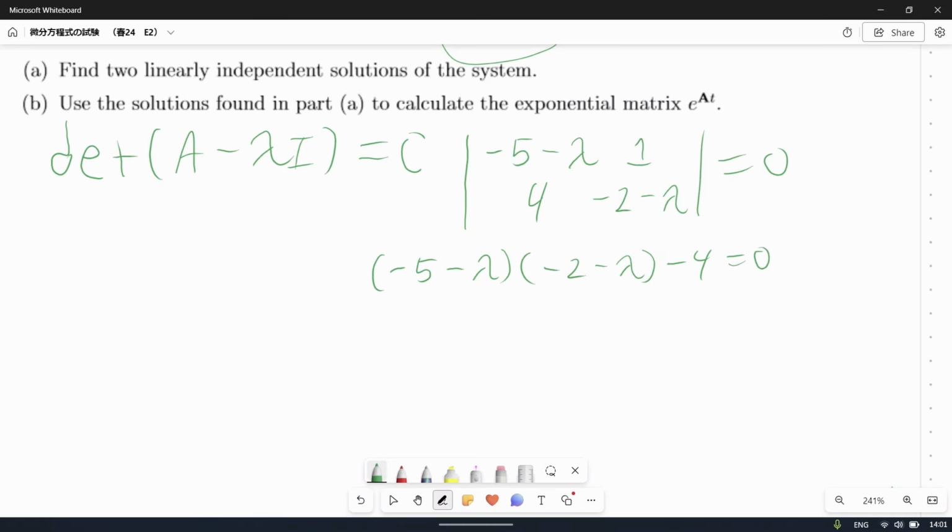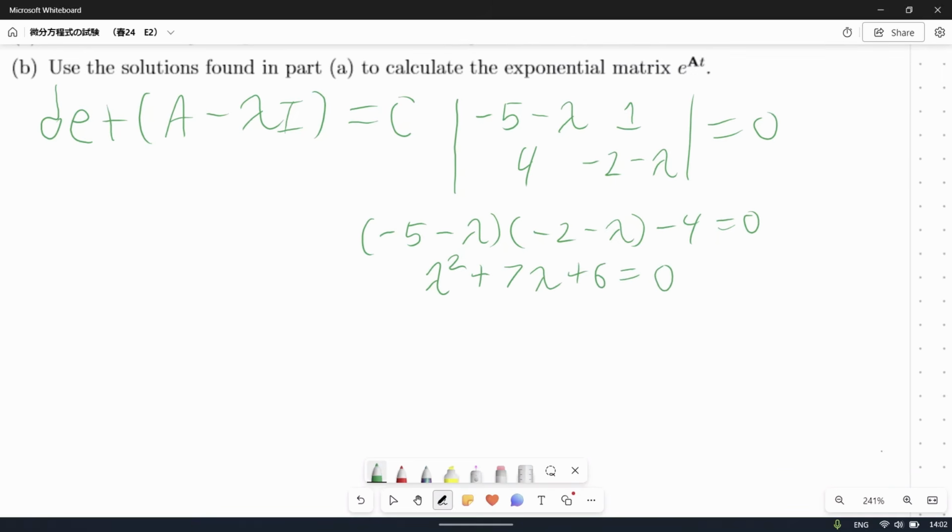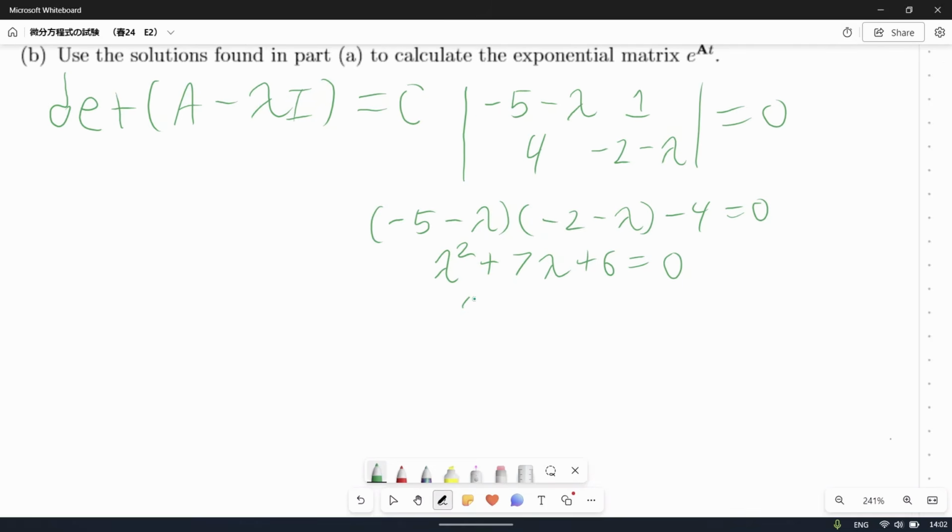And this simplifies down to lambda squared plus 7 lambda plus 6 is equal to 0. And then to find lambda from here, I think the best way to do that in this case would be to factor. If you're feeling really paranoid, you can use the quadratic formula or something like that, but I'm going to factor this. And this factors out to lambda plus 1 times lambda plus 6.